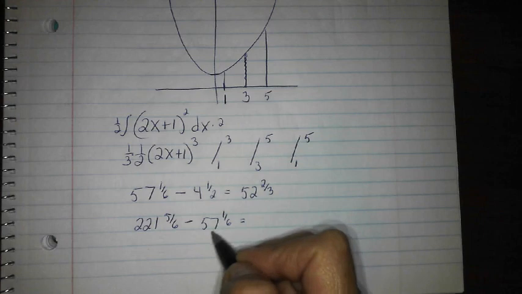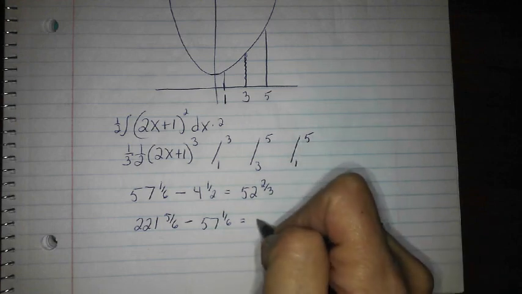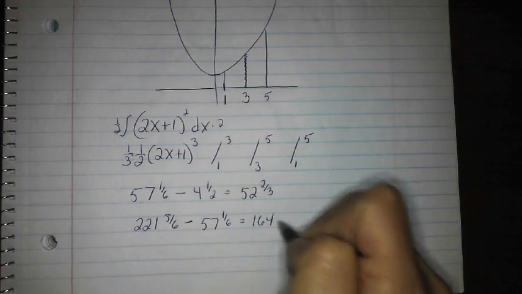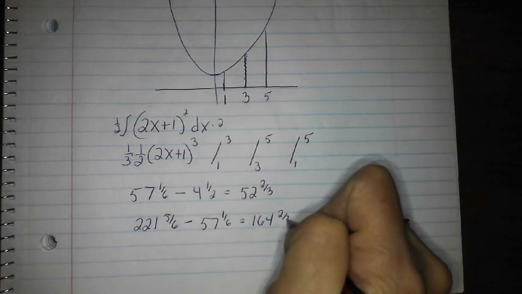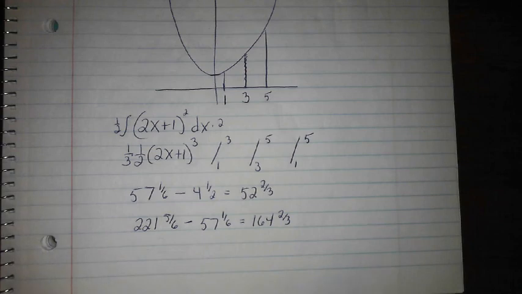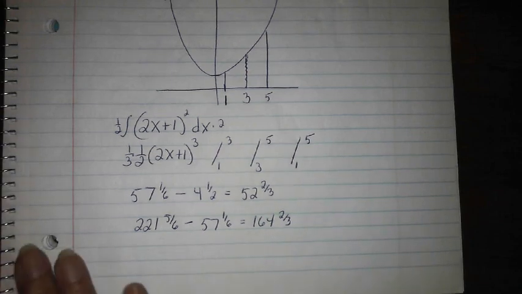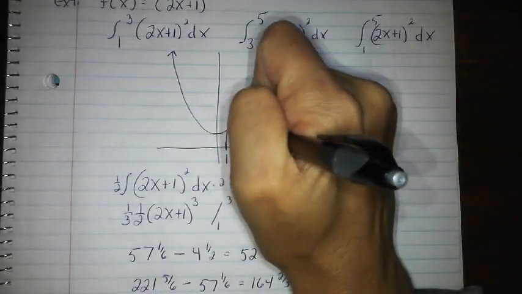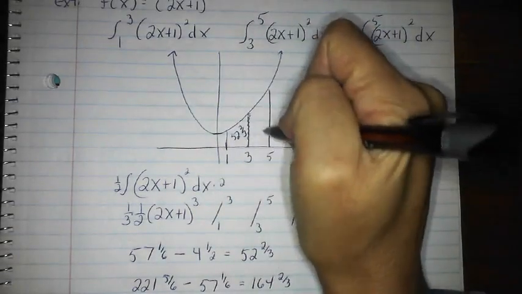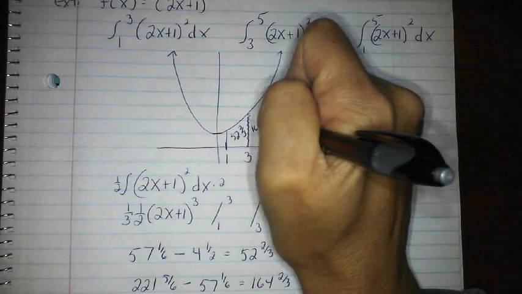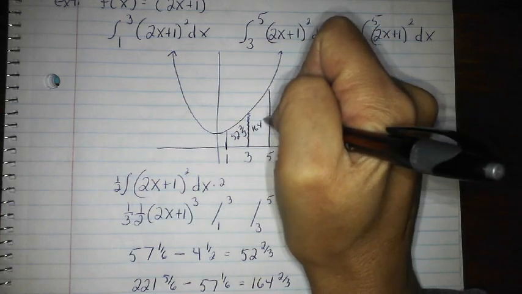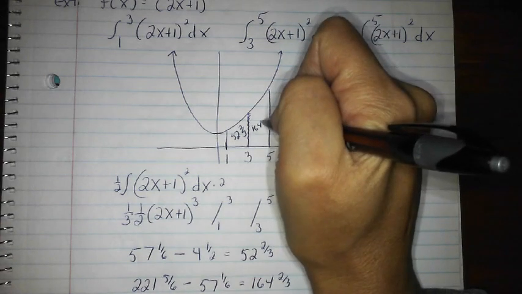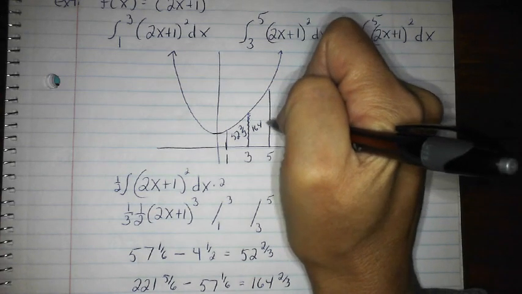And if you subtract, you're going to get 164 2/3. So this chunk was 52 2/3, and this chunk was 164 2/3.